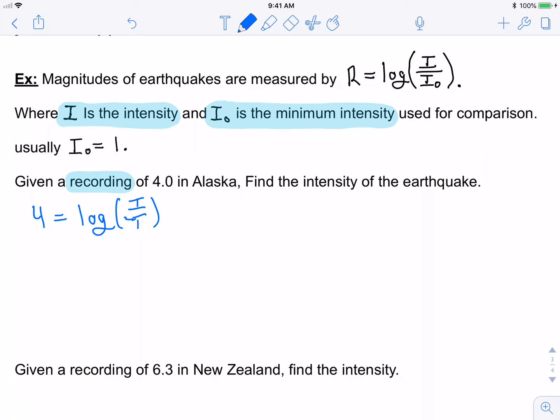And this is rather easy to solve. We simply undo the log and move the base 10 to the other side. And we get that 10 to the power 4 is equal to I over 1, which is just I. At this point, we just need to find what 10 to the 4th power is, and we find that the intensity of the earthquake was 10,000 units.